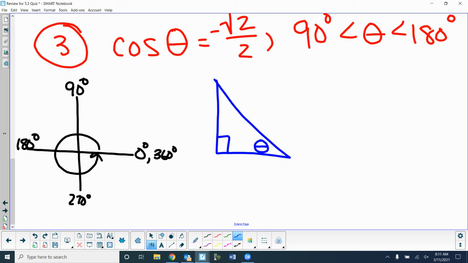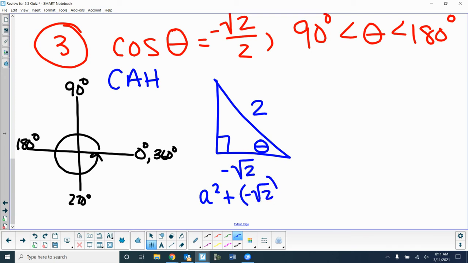All right, remember cosine is adjacent, which is negative radical 2, over hypotenuse, which is 2. So I got two sides of my triangle. How do I find the third side? Like always, Pythagorean. Now remember, this side is like A or B, it doesn't matter. I'll just use it as A. This is the B. This is the hypotenuse.